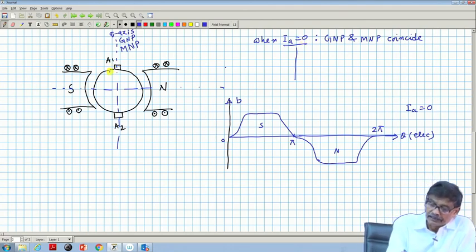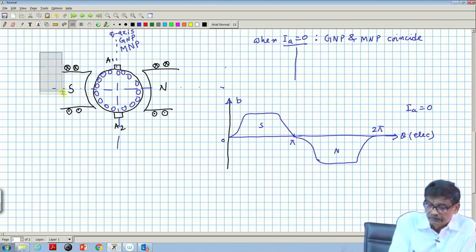Now, there are conductors as I drew earlier, and once again let me keep a copy of this, otherwise I have to draw often.